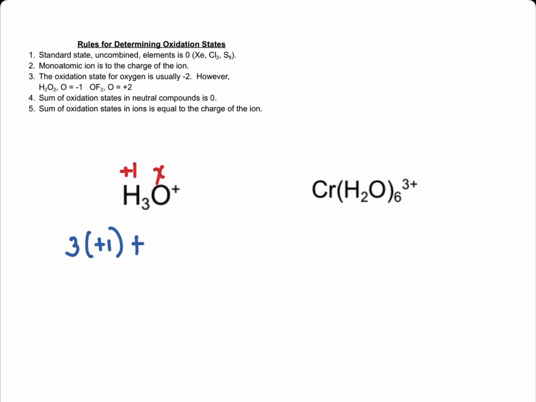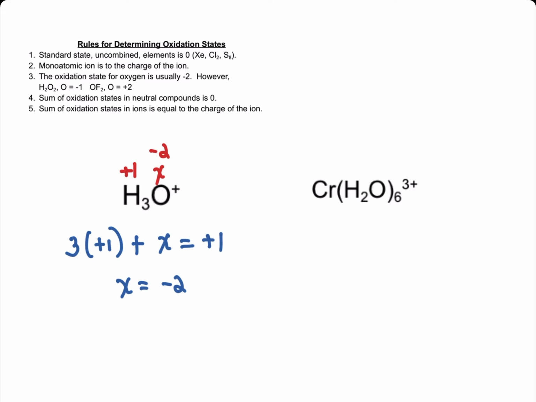There's 1 atom of oxygen, and I don't know the oxidation state. And this entire compound has a charge of +1. So this all has to equal +1. When I solve for X, I get -2. So the oxidation state for oxygen is -2.